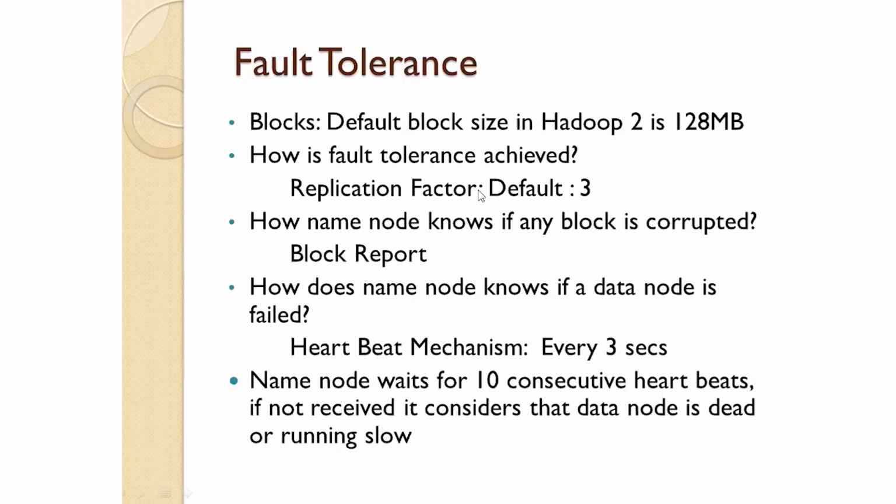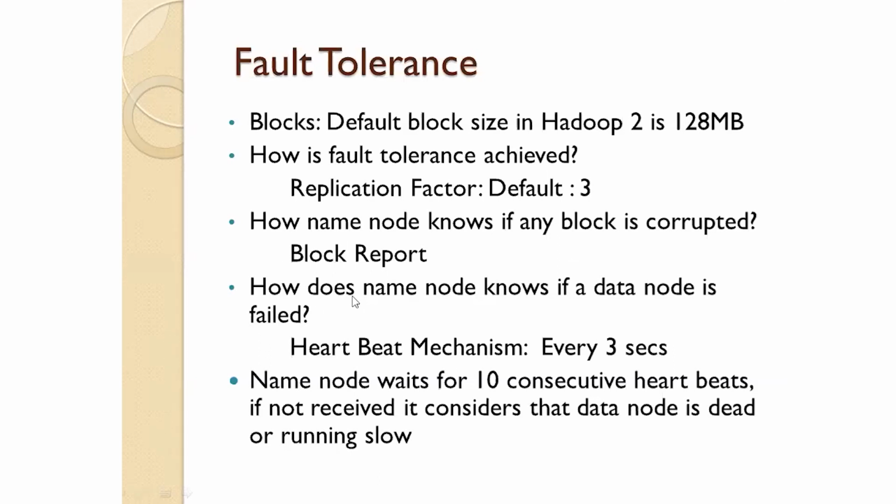If one copy is corrupted, or one data node is down, then the name node, by using the block report, understands that particular block is corrupted, checks on which other data node the replica of that block is present, and then creates another copy and places it in the data node where it found the corrupted block.